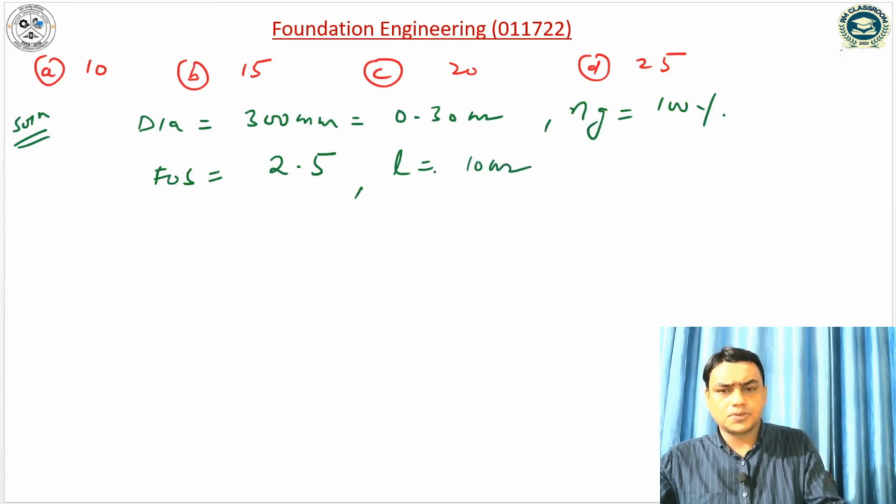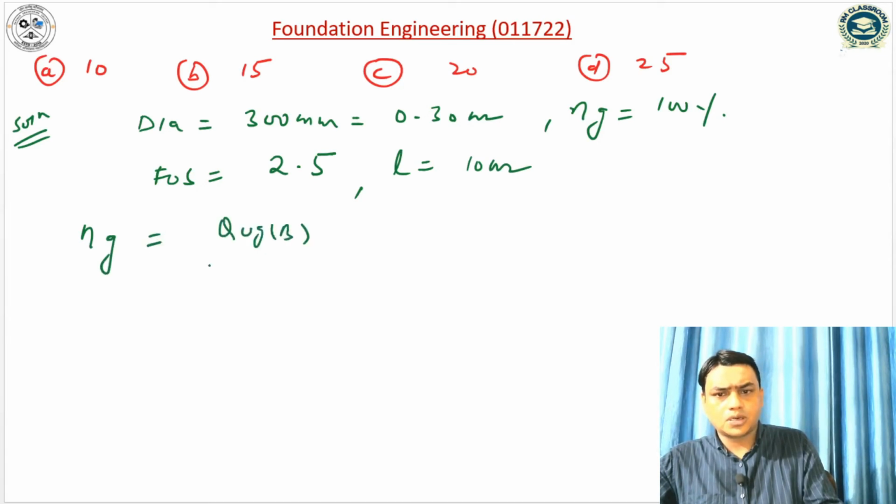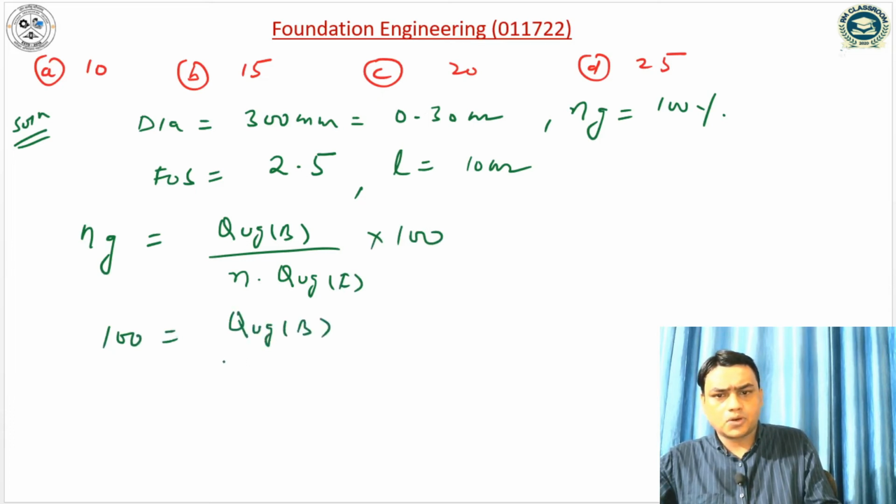As the efficiency of pile group is given, it can be written as QUG block divided by N into QUG individual, into 100. So efficiency is 100%, meaning 100 is equal to QUG block divided by N into QUG individual, into 100.